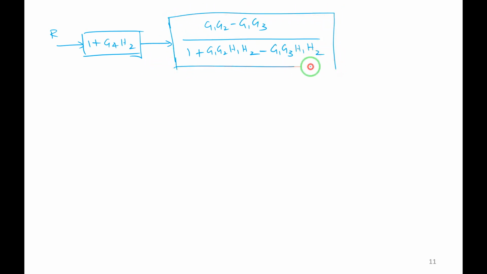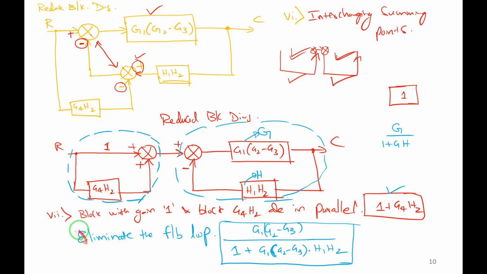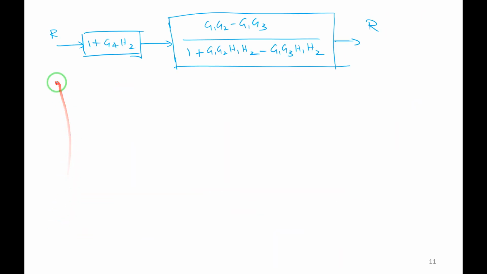Yes, this is the reduced block diagram, but still this is not the complete reduced block diagram. So step 7 is over. Next, step 8. The above two blocks are in series. So we will eliminate those series blocks.